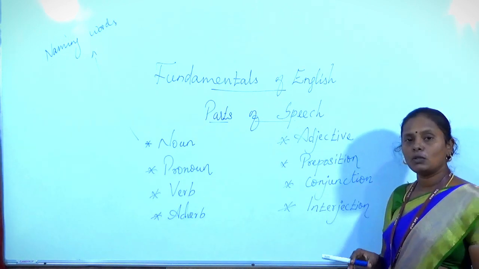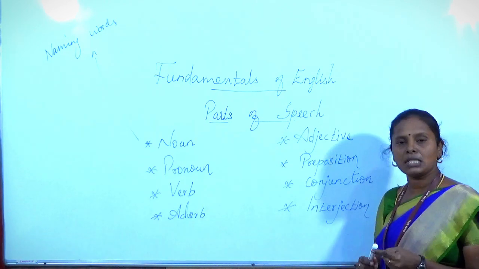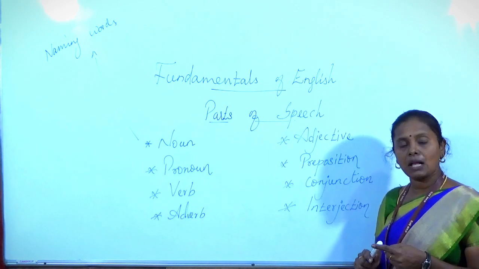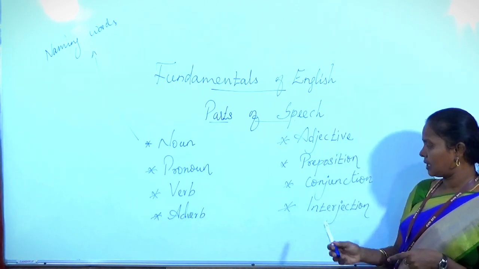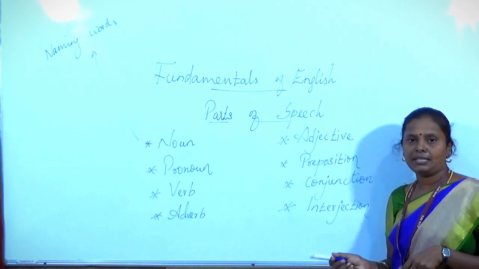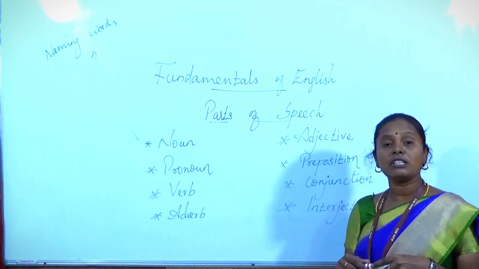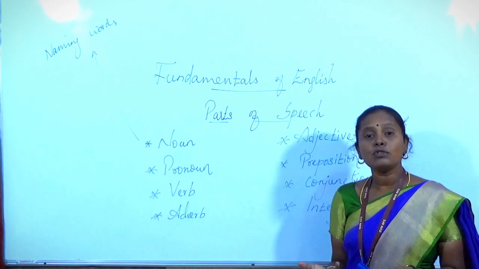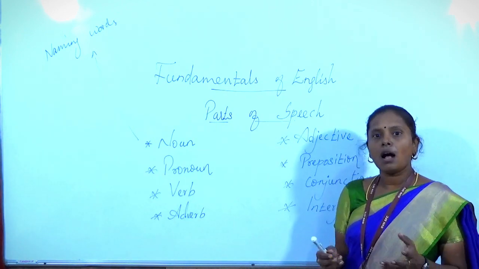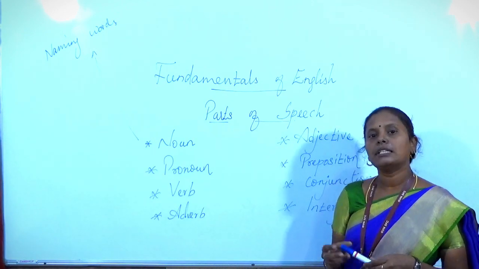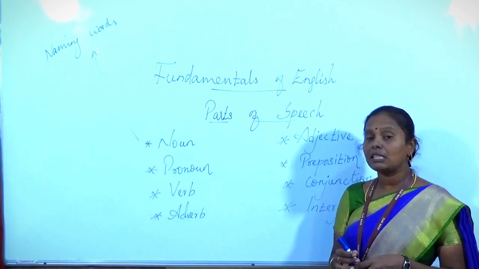Conjunction is a word which connects two words or two sentences or two phrases. And interjection is a word which expresses our emotions, like ah, oh, sh. These are the interjections.